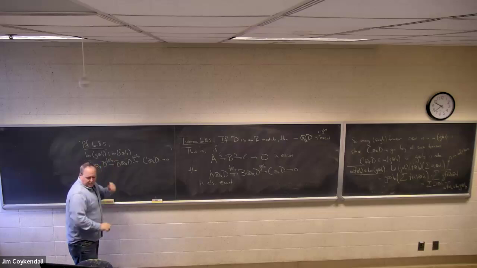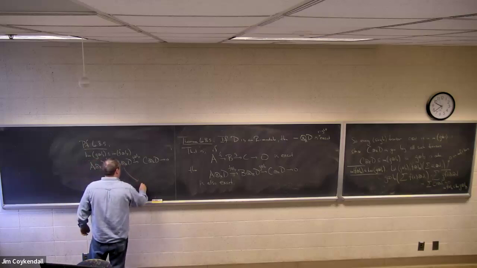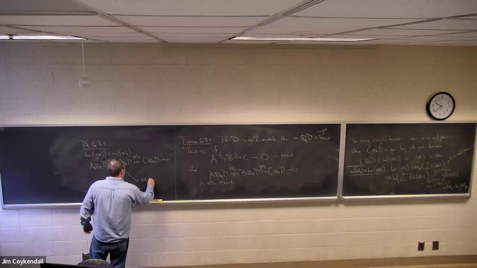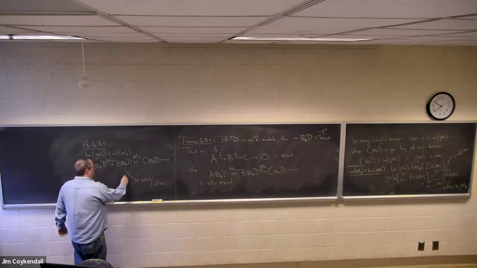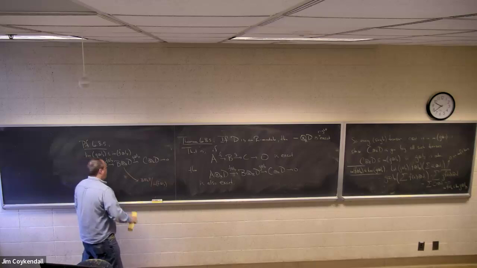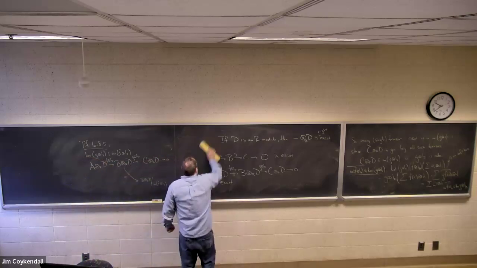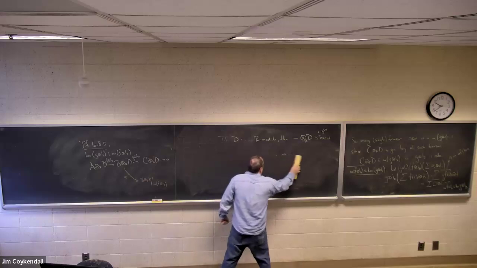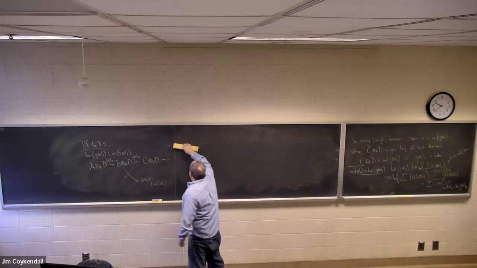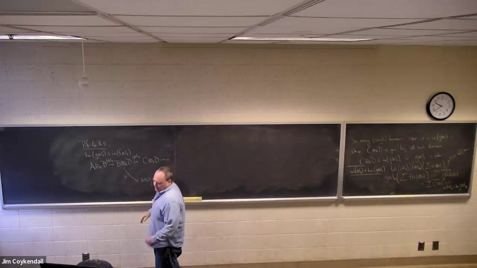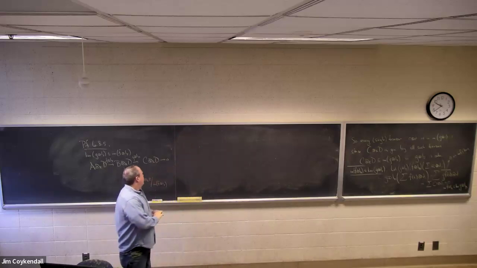What I'm going to do first is consider this projection map from here onto B tensor D modulo the image of F tensor 1D, and I'm going to call that pi. This is actually a similar argument to the original proof of the tensor product.